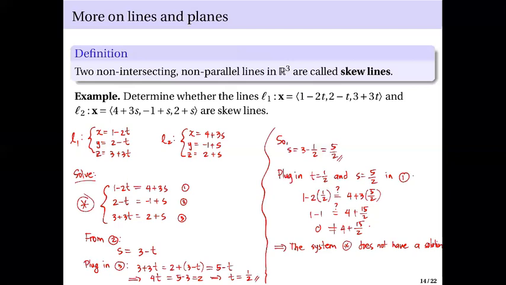So L1 and L2 are non-intersecting. And that's it. You showed that they are non-parallel, and now they are non-intersecting. We therefore conclude that L1 and L2 are skew lines.